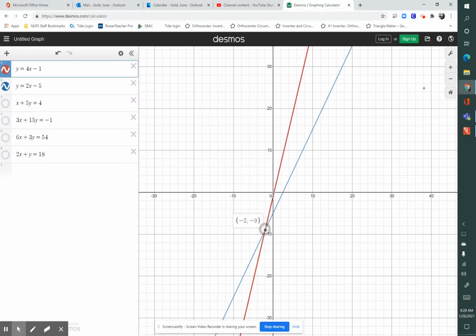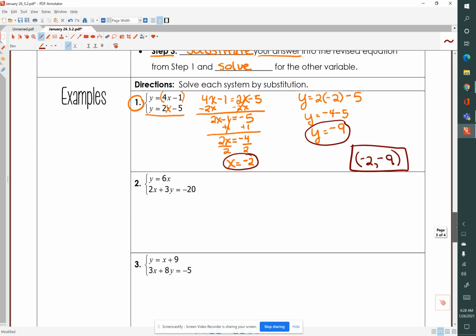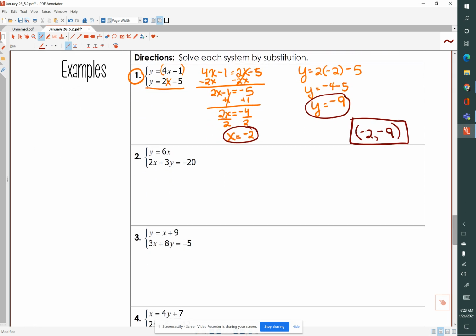So we can prove our algebraic work by graphing the equations and seeing if we get the correct solution. So let's do the second one together, and then you should try a few on your own.